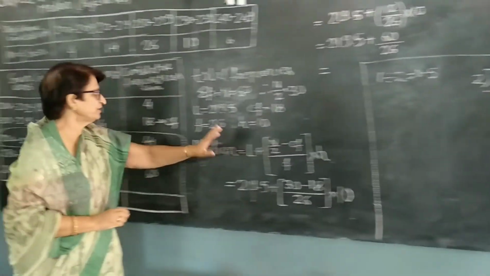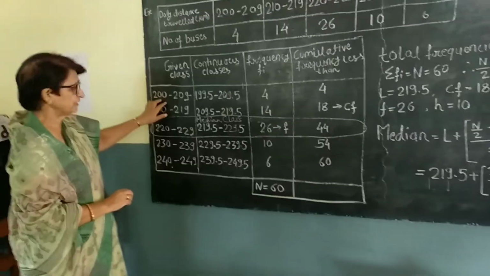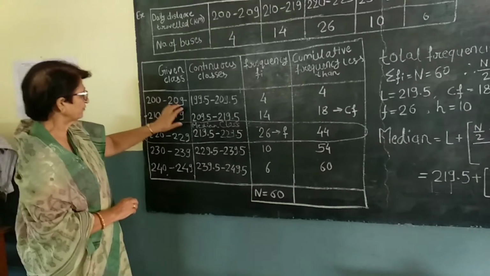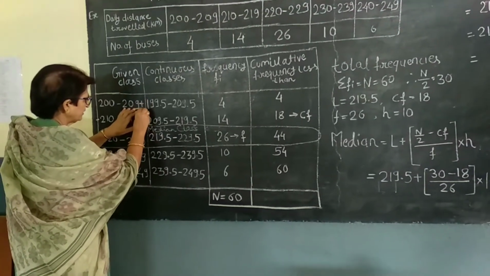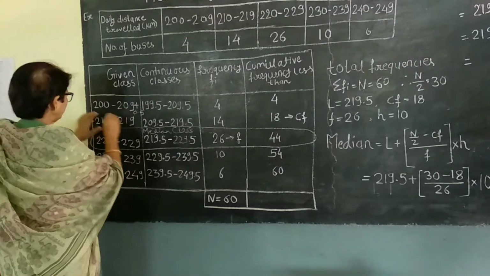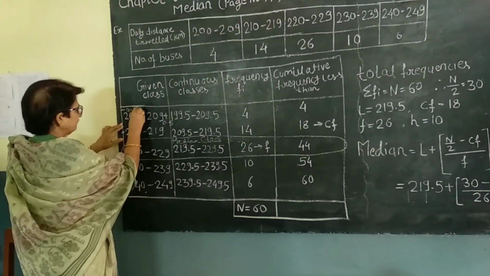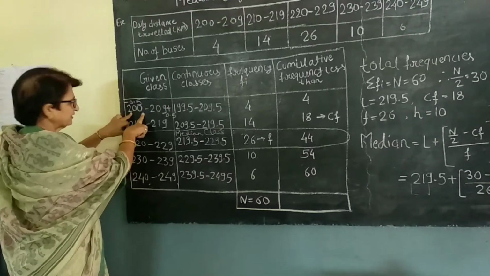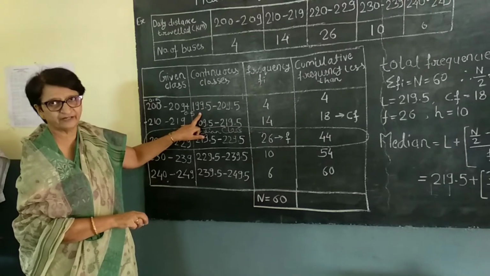Now this 0.5, in each class, from the upper limit, we have to add 0.5, and from the lower limit, we have to minus 0.5. Now, when we minus from 200, we get 199.5.